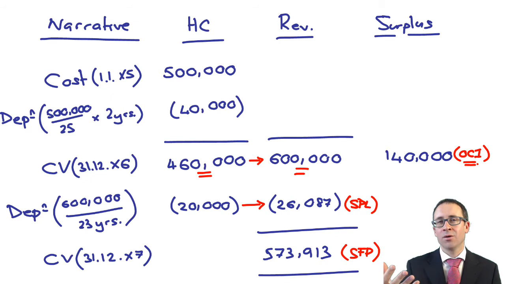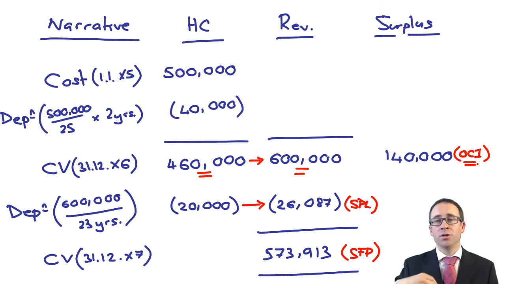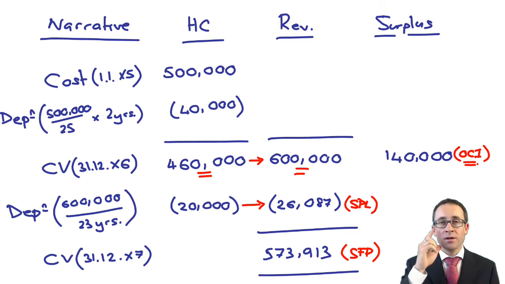But if we're taking the gain to other comprehensive income and not to profit or loss, then it's a bit unfair to take an extra depreciation expense to profit or loss, isn't it? Because that extra expense is reducing my profitability. That profitability feeds into retained earnings, which is a distributable reserve. So essentially it's reducing my distributable profits. Now this revaluation surplus is not distributable.